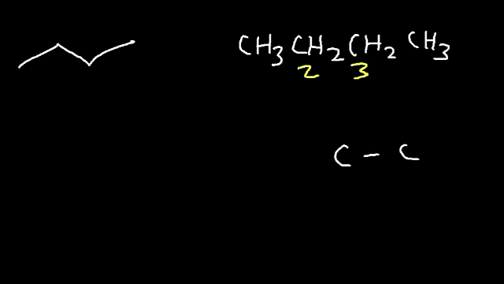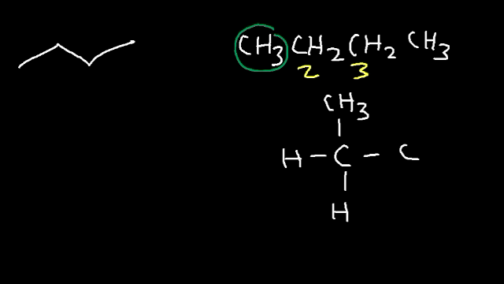Carbon 2 has a methyl group, and it has these two hydrogens attached to it. Carbon 3 also has a methyl group, and it has two hydrogens attached to it.